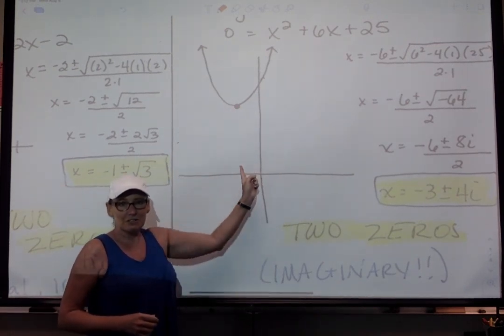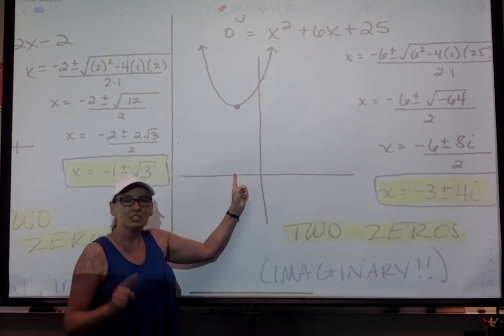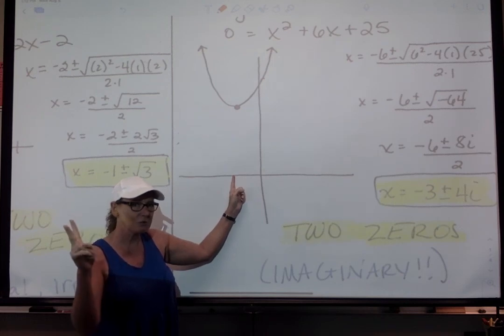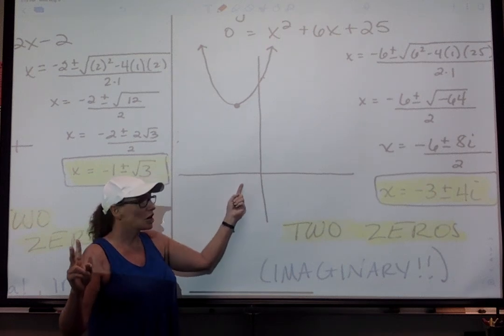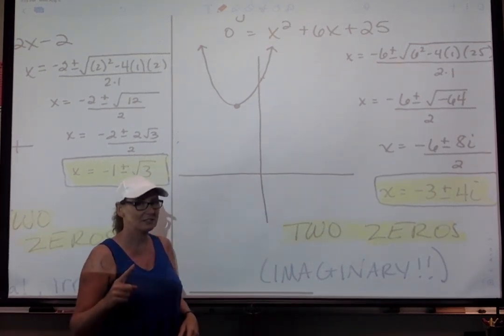The parabola doesn't cross the x-axis at all. There's no way to just get one imaginary solution and the other one be real. There's no way I'm going to make this cross once.